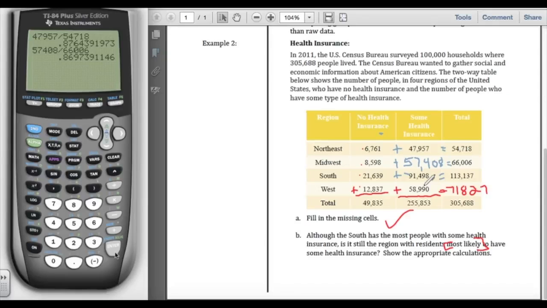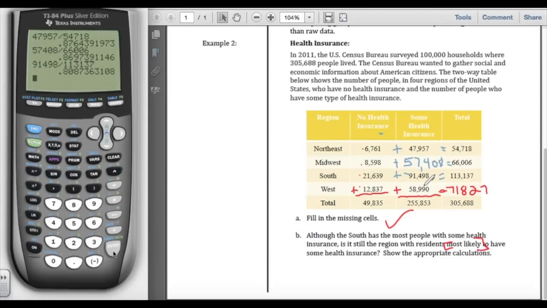And now for the South, I could take the 91,498 divided by the total in the South of the 113,137, and that gives me 80.87 or 80.9%. And so I don't even have to calculate the West.